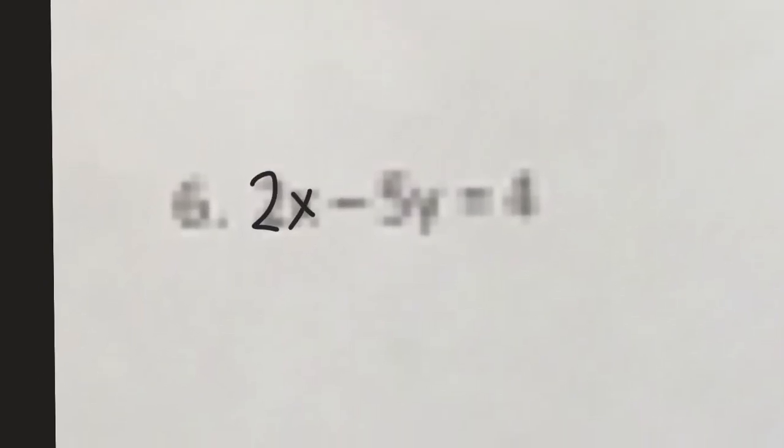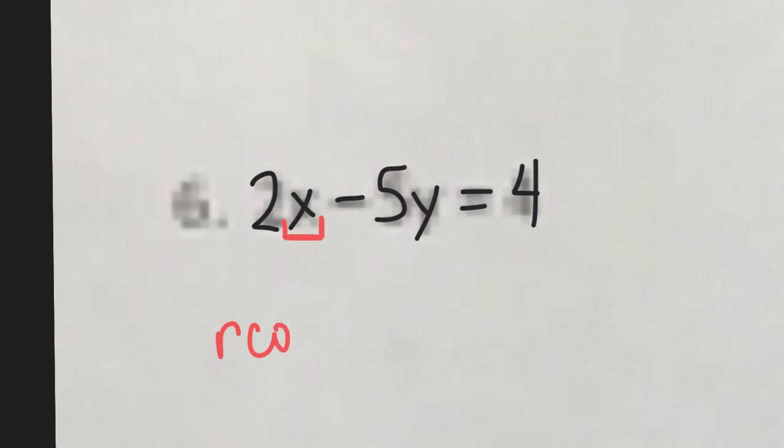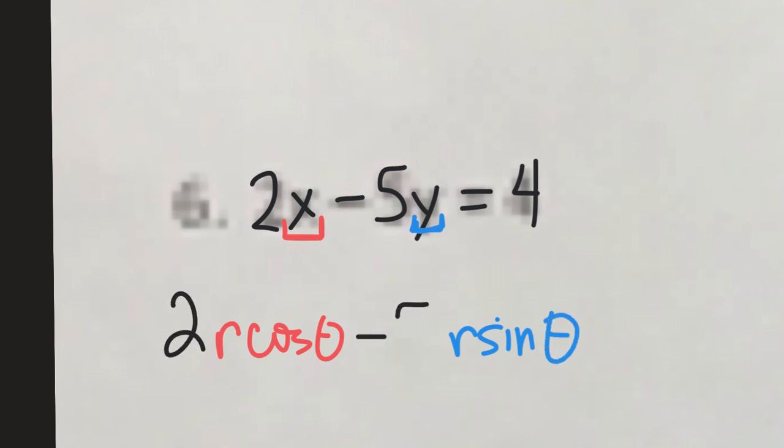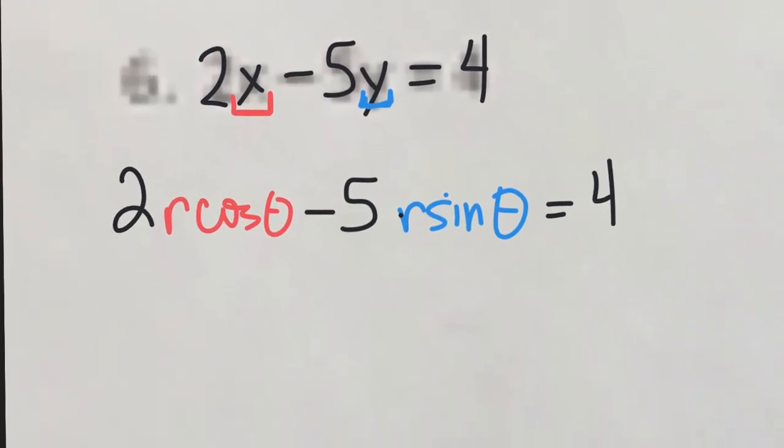Okay, and then number 6, here we have a linear equation, 2x minus 5y equals 4. So I can immediately replace the x with r cosine theta, and I can replace the y with r sine theta. And everything else stays the same. So now I have to solve for r. Notice that both of these terms have a common multiplier of r.